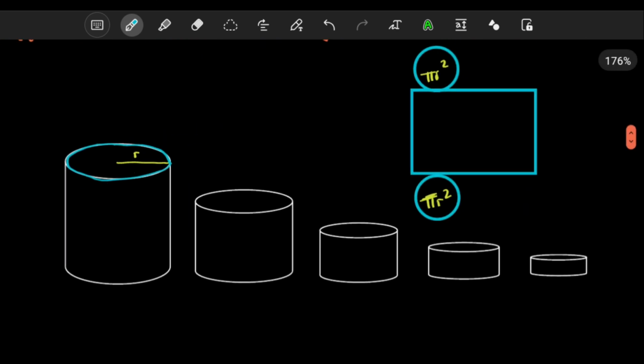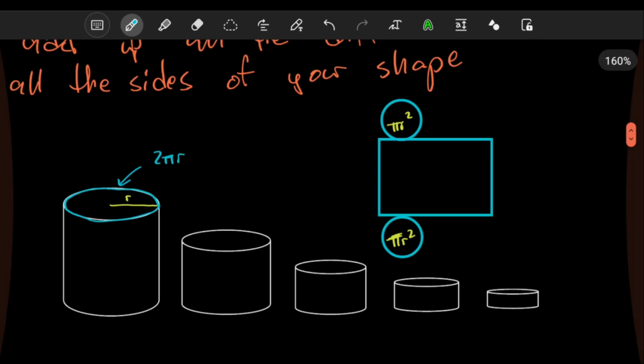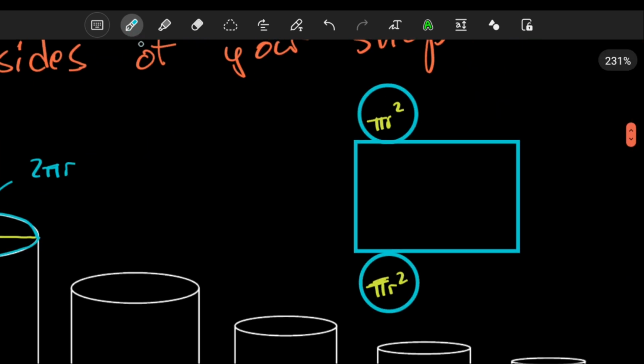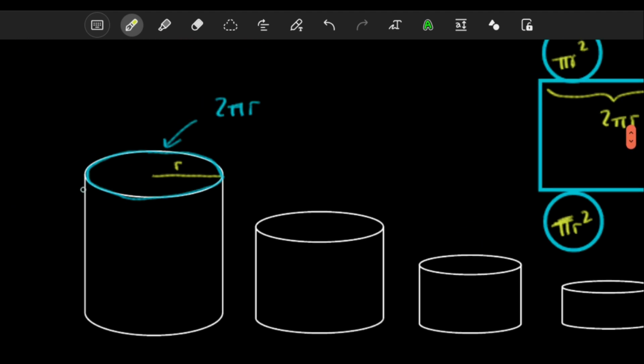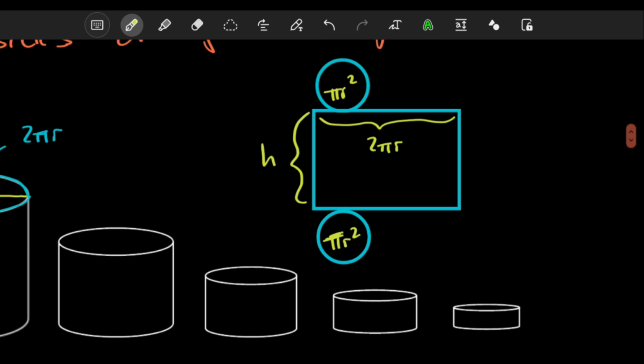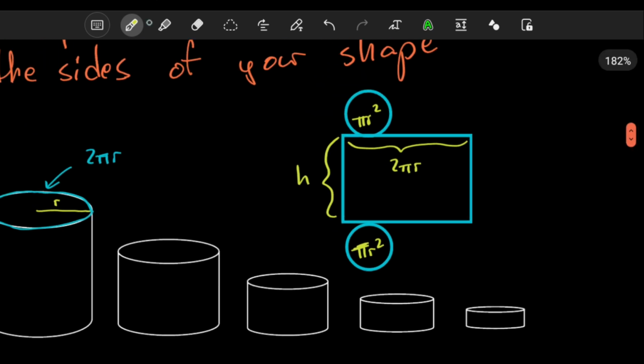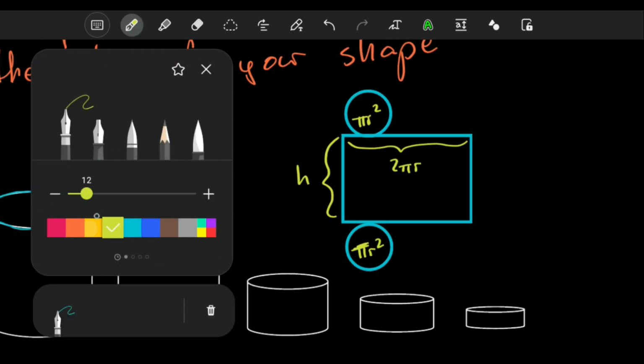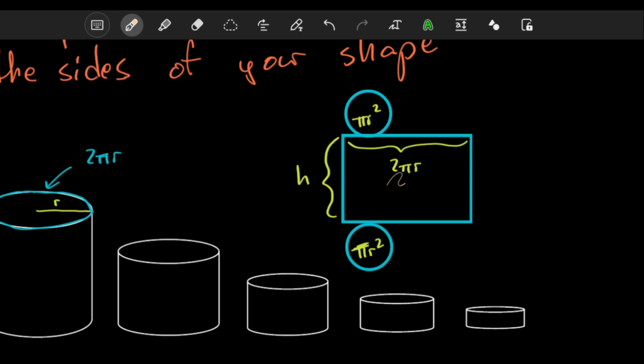So if you open up your shape, the circumference, which is 2 pi r, will be this 2 pi r over there. And then your height from top to bottom is just going to be h. So the area of this rectangle is just going to be length times breadth.